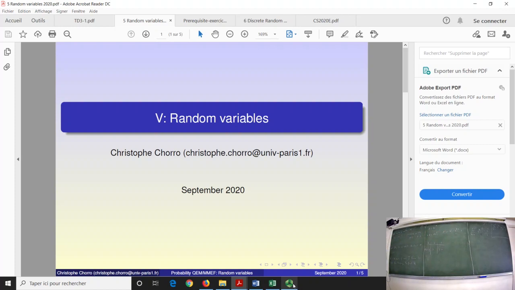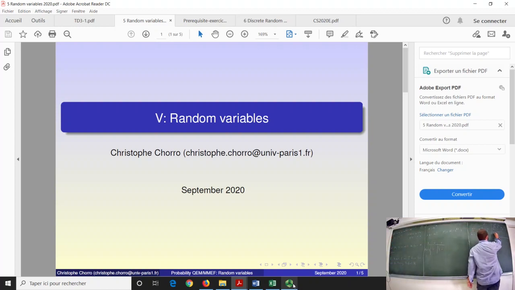I am interested in this sum. But this sum, if I do a change in index, I can. Because you see that I have k minus 1 as an index here, I can change k minus 1 into k. If I do this, I will obtain a sum from k equal to 0 to plus infinity.